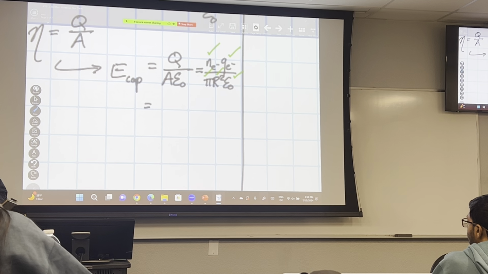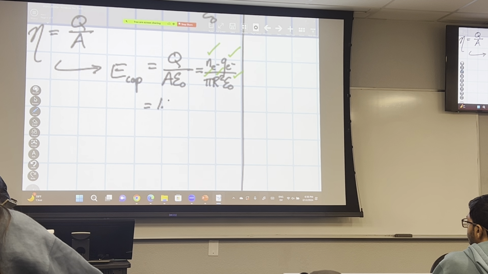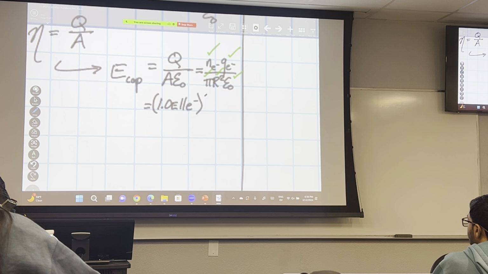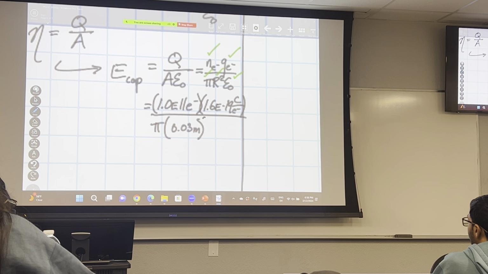So then this is going to be 1.0 times 10 to the 11th electrons times the charge of an electron, 1.6 times 10 to the negative 19 coulombs per electron, divided by pi. The radius is 0.03 meters, but we are squaring that.